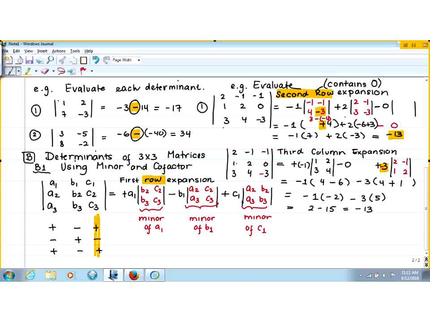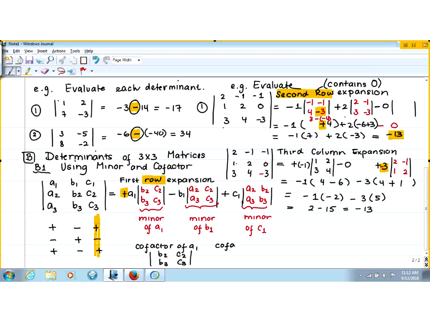The cofactor is actually just the sign, the plus or the minus, multiplied by the minor. So if I ask you what is the cofactor of A1, it is the exact same thing, B2, B3, C2, C3, because this is plus.